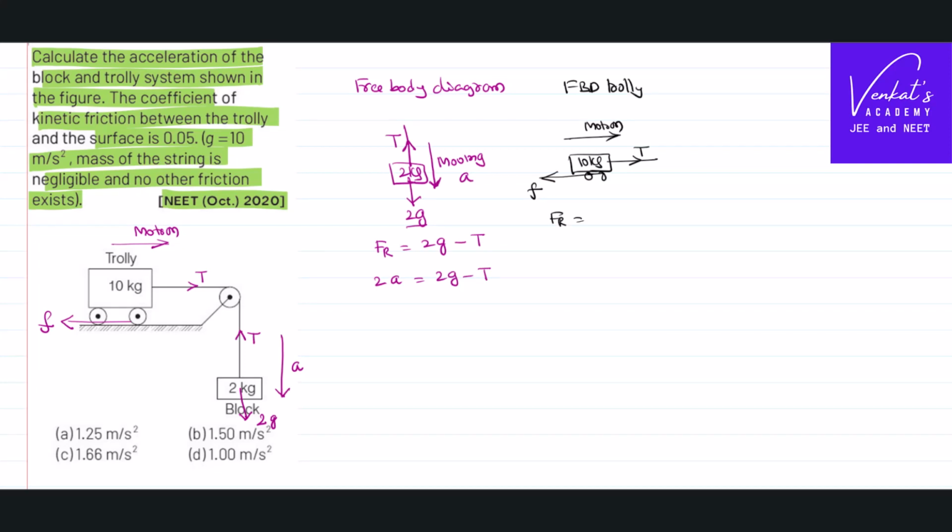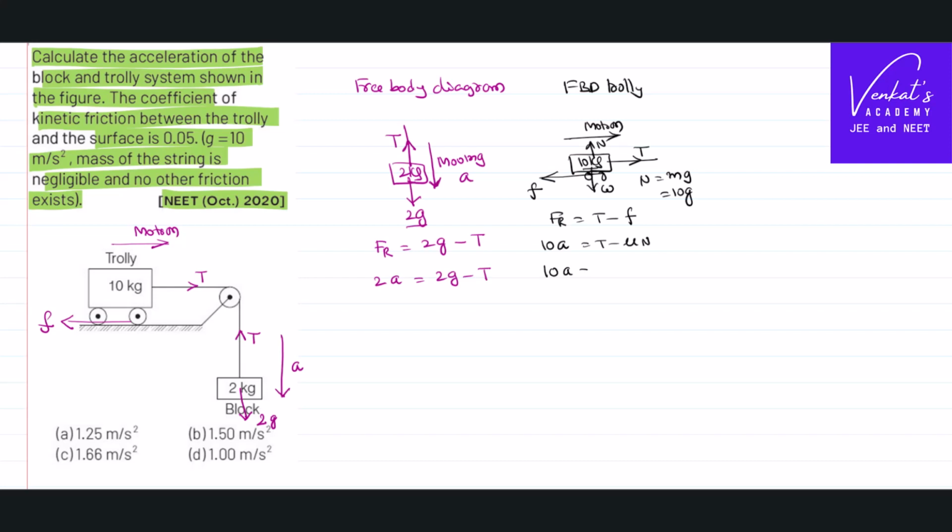So I can write F resultant as tension minus frictional force. F resultant is MA, that is 10A, equals tension minus frictional force. Frictional force can be written as mu into normal reaction. Its weight acts in the downward direction, and perpendicular to that the normal reaction acts. So here normal reaction is equal to the weight mg itself, that is 10g.